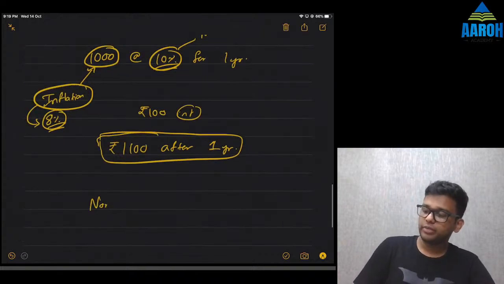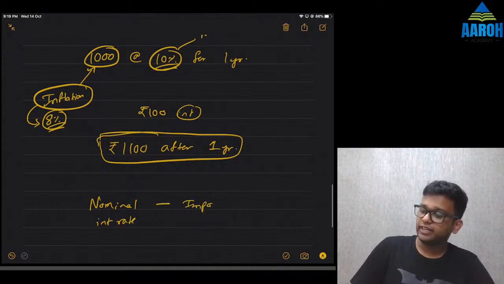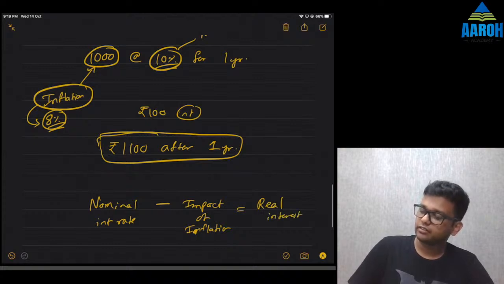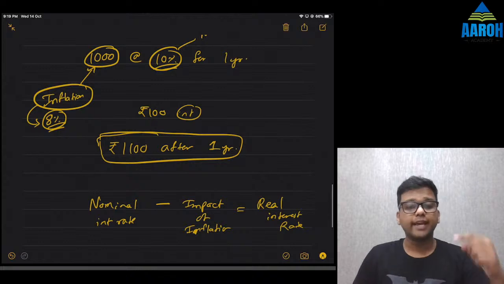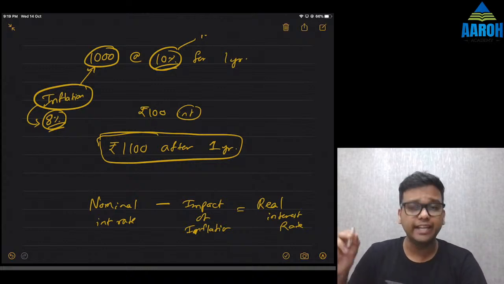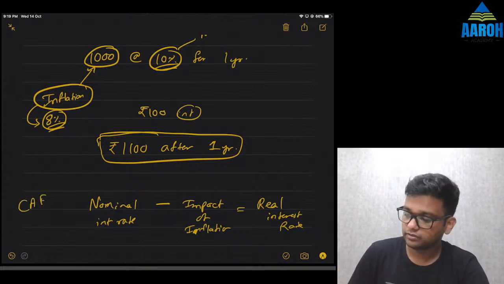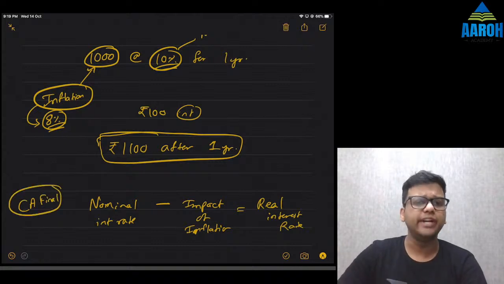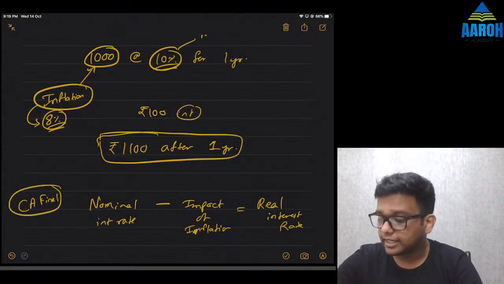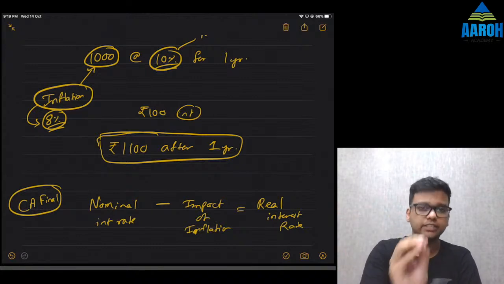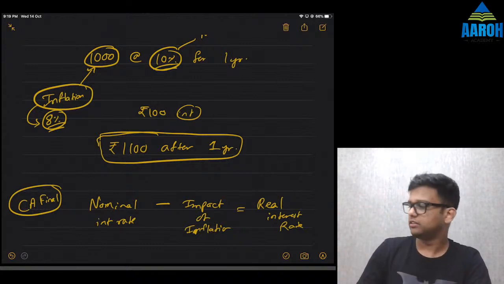So when from nominal interest rate we subtract impact of inflation, then what we get is called real interest rate. Again, this concept is going to be there in detail when you go to CA final. Right now they have just given you introduction, that understand real interest rate means nominal minus inflation. That is your real earning, actual earning.